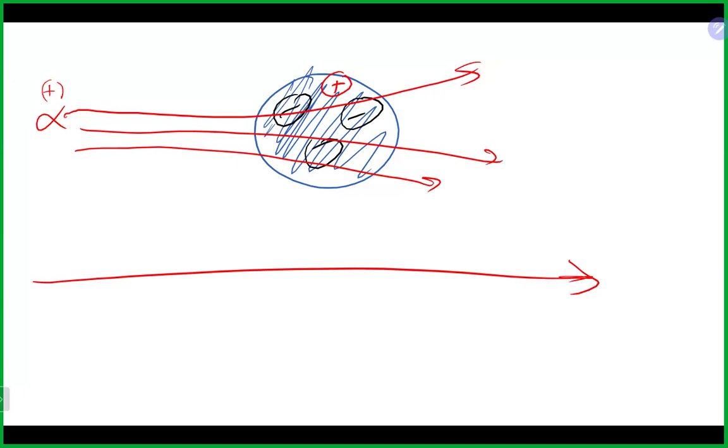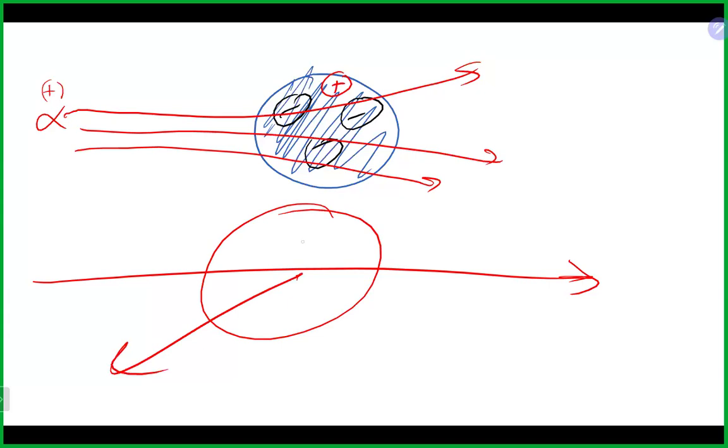Another really interesting thing they saw was that every so often, although most were moving undeflected, these alpha particles would bounce off at really large angles. Every so often you would see alpha particles shot at the atom bounce off at these large angles and sometimes even head back to where they were shot from.